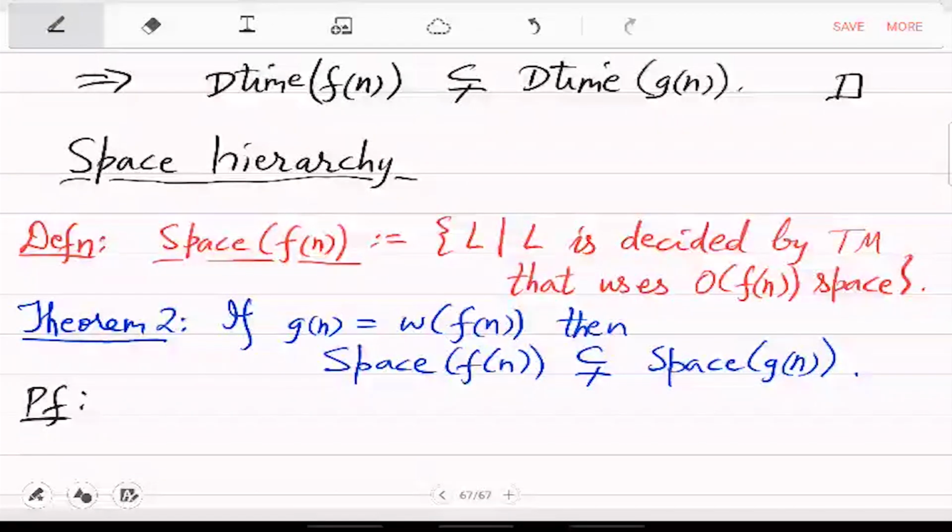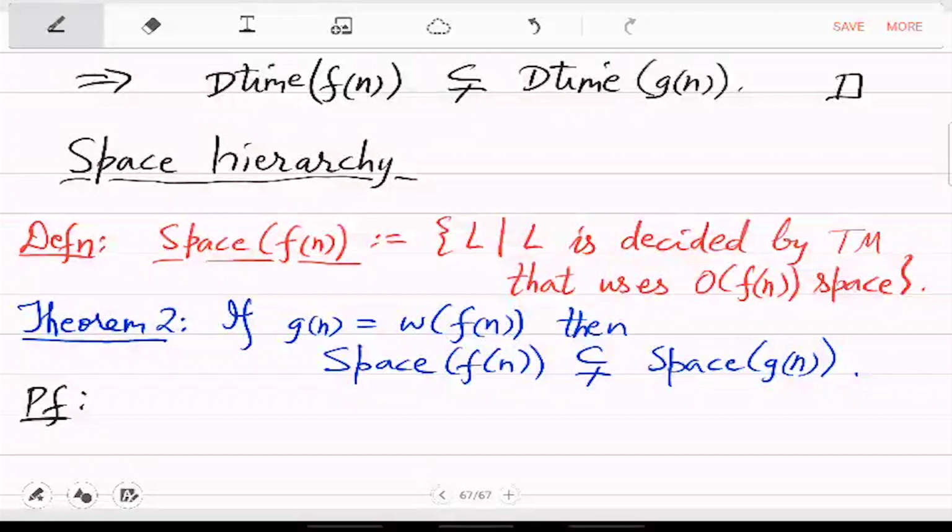So here again we have to design a problem which is extra in space G(n). You can already notice the parameters being better than what you had in theorem 1.